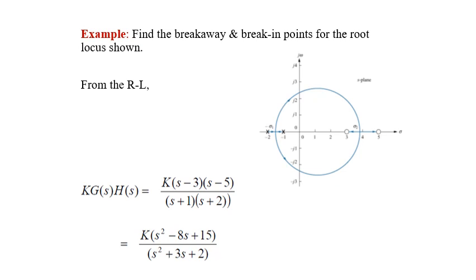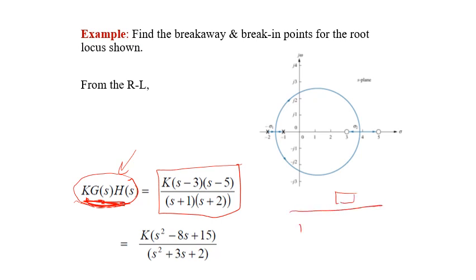If we have KG(S)H(S) equal to this value, what is this actually? Remember that this is the denominator of the closed loop transfer function. Usually we have the closed loop transfer function equal to something over 1 minus K times G(S)H(S).